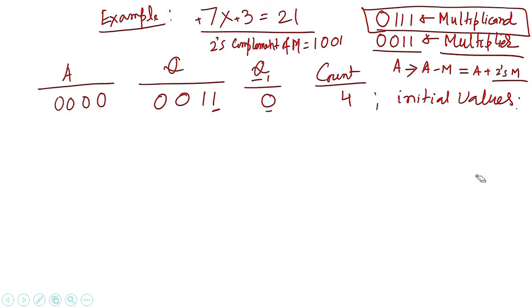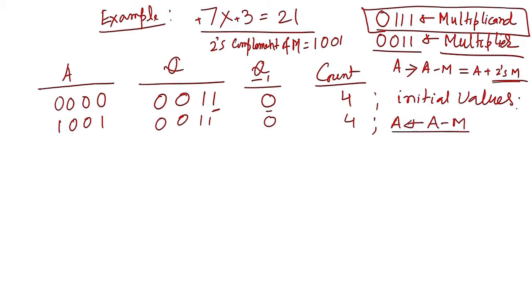Then A minus m is nothing but A plus 2's complement. A is 0 0 0 0, the 2's complement is 1 0 0 1. Then we add it, so it will be 1 0 0 1 only. Then we can write it here: 1 0 0 1 0 0 1 1 0, counter is 4, operation we performed A equal to A minus m.